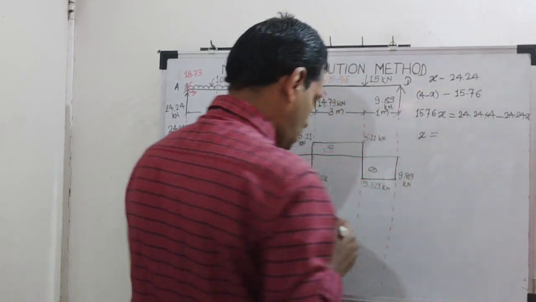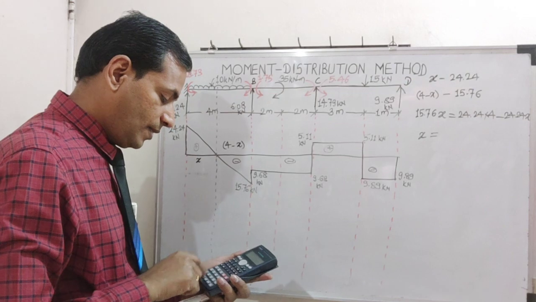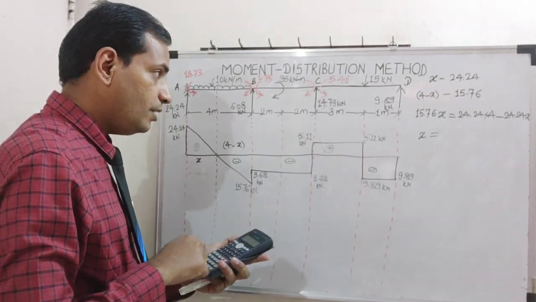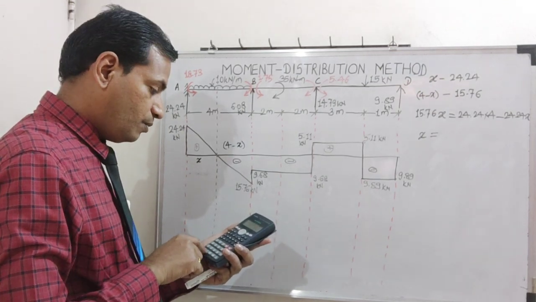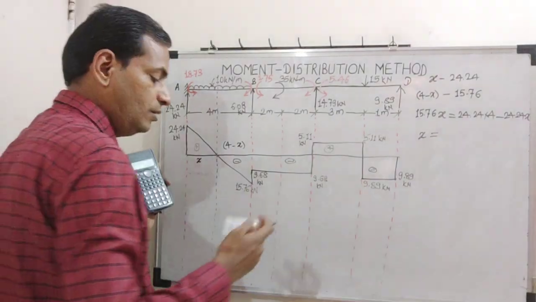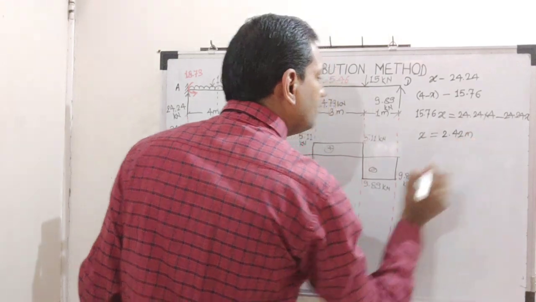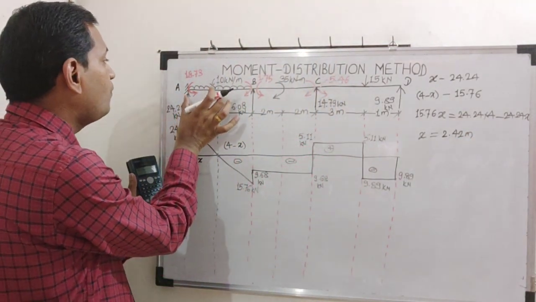Simplify this equation, and we get the x value. So 24.24 into 4 divided by 15.76 plus 24.24. So the answer is 2.42 meters. X is 2.42 meters. So take a section at this distance of 2.42 meter.